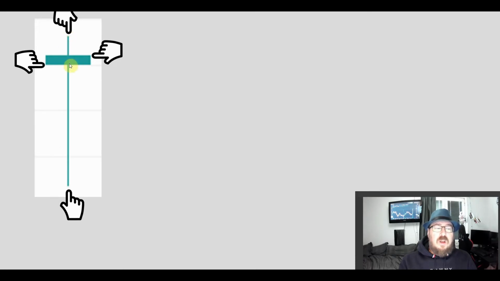But this body, the green body here, this indicates that we absorbed all of this selling pressure. So everything that was sold here was absorbed, taken up, and at the end we closed slightly higher than what we had started with. Now this is a pretty important pattern, and if you look at the shape, it's got the shape of a hammer.